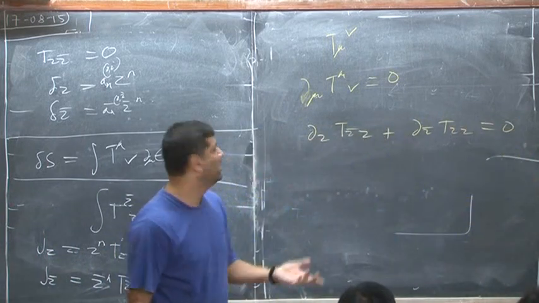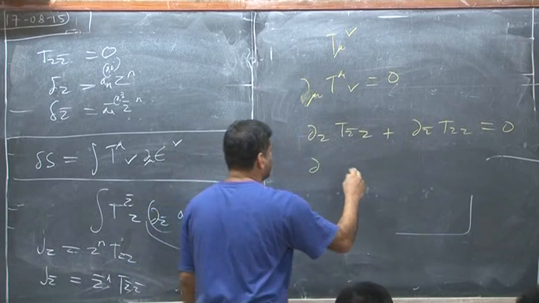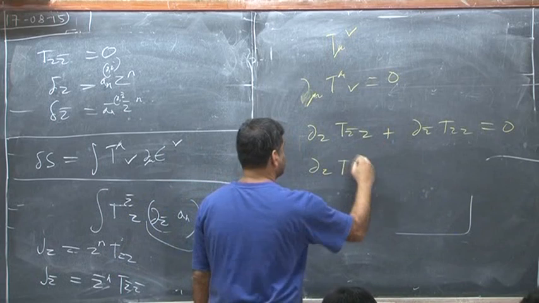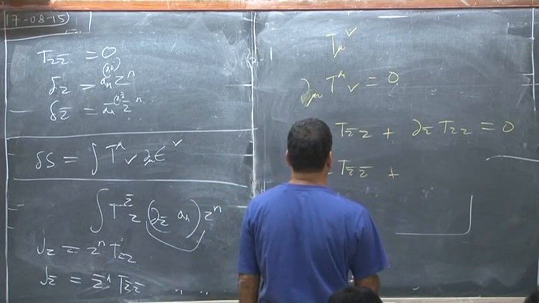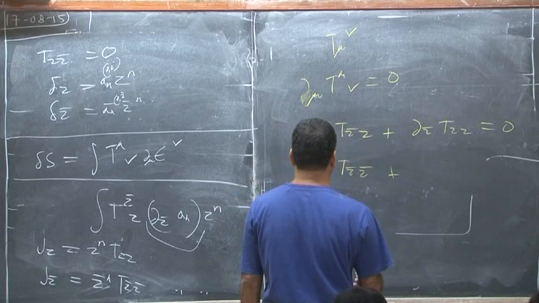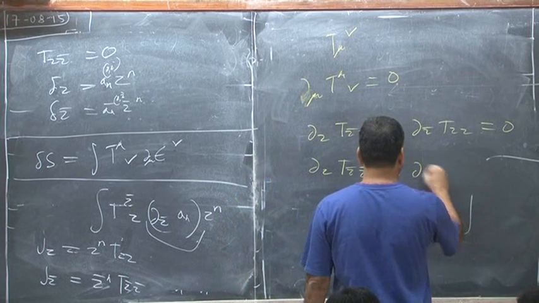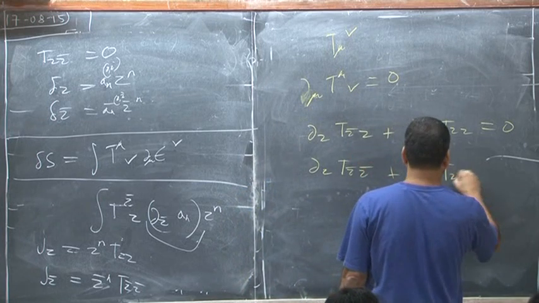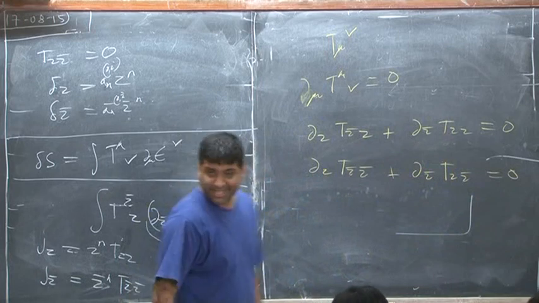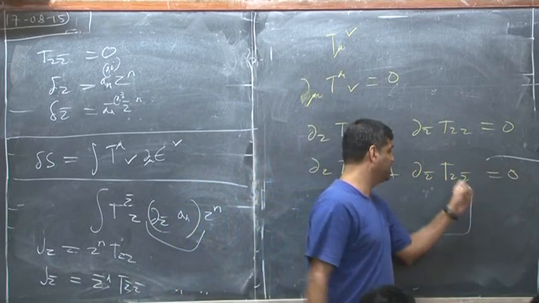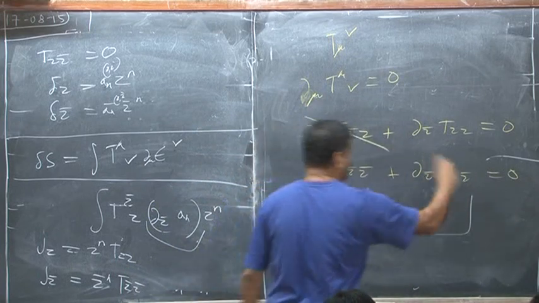That is one equation where the free index is Z. The second equation, where the free index is Z bar, is del Z T_Z bar Z bar plus del Z bar T_Z Z bar is equal to 0. But we've already seen that T_Z Z bar is 0.